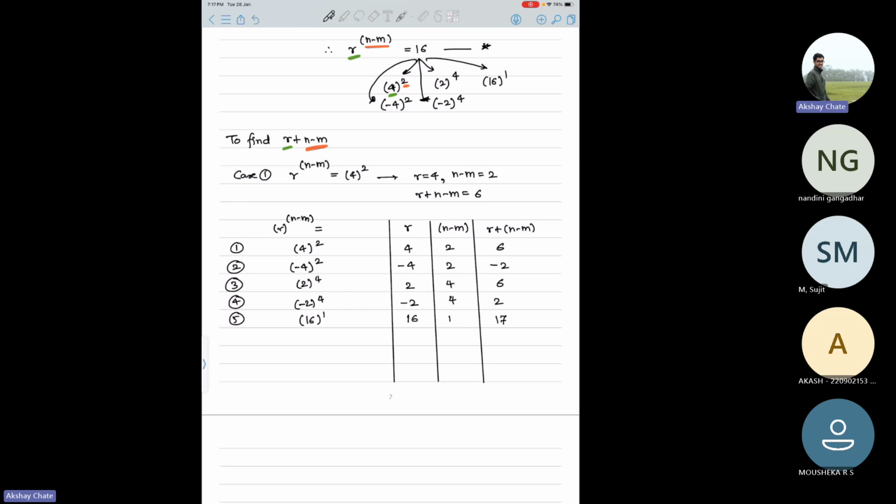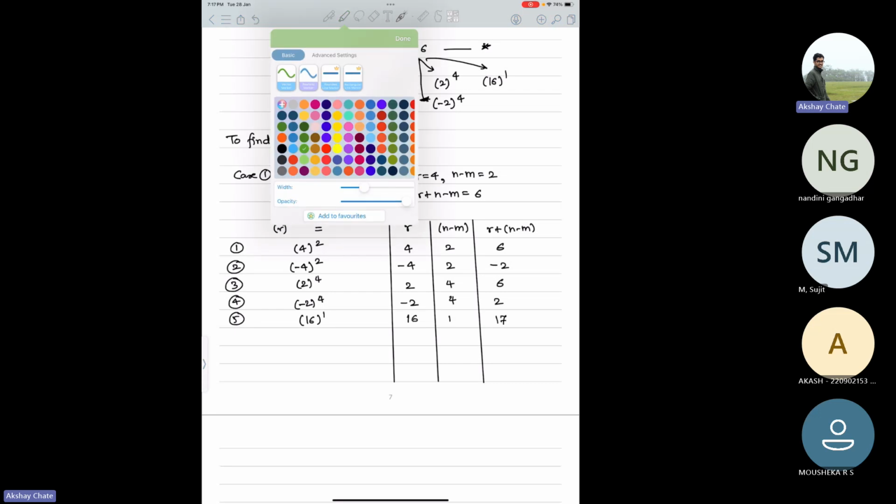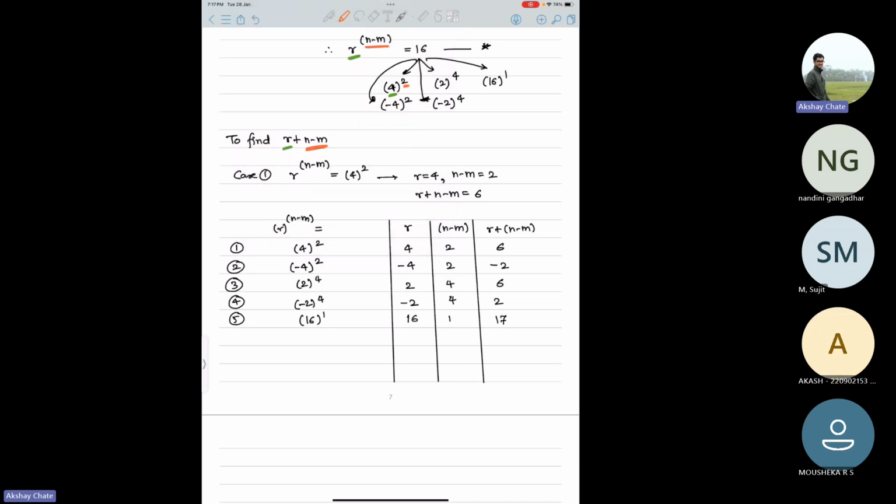What I'm asking is, in this table, in the last column, what is the smallest possible value that we get? Minus 2, right? The case 2. Yes, that is your answer.